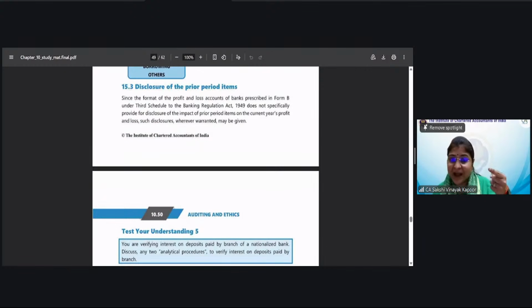Form A for the balance sheet, Form B for the PL. It does not specifically provide for the disclosure of the impact of prior period items on the current year's profit and loss. Such disclosure, wherever warranted, may be given. So, as per the bank's will, it can give the disclosure regarding the same.